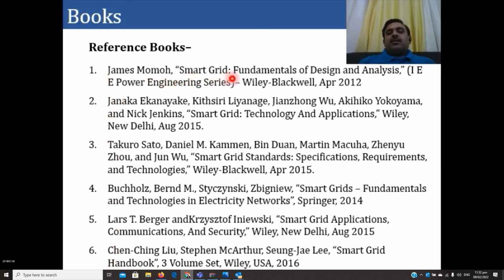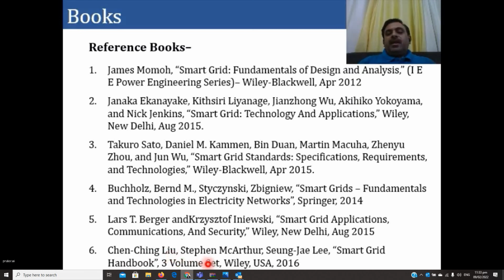These are Smart Grid: Fundamentals of Design and Analysis by James Momoh, Smart Grid Technology and Applications by Janaka Ekanayake, Smart Grid Standards: Specifications, Requirements, and Technologies by Takuro Sato, Smart Grids: Fundamentals and Technologies in Electricity Networks by Buchholz, Smart Grid Applications, Communications, and Security by Lars T. Berger, and then the Smart Grid Handbook, which is published in 3 volumes, written by Chen-Ching Liu.